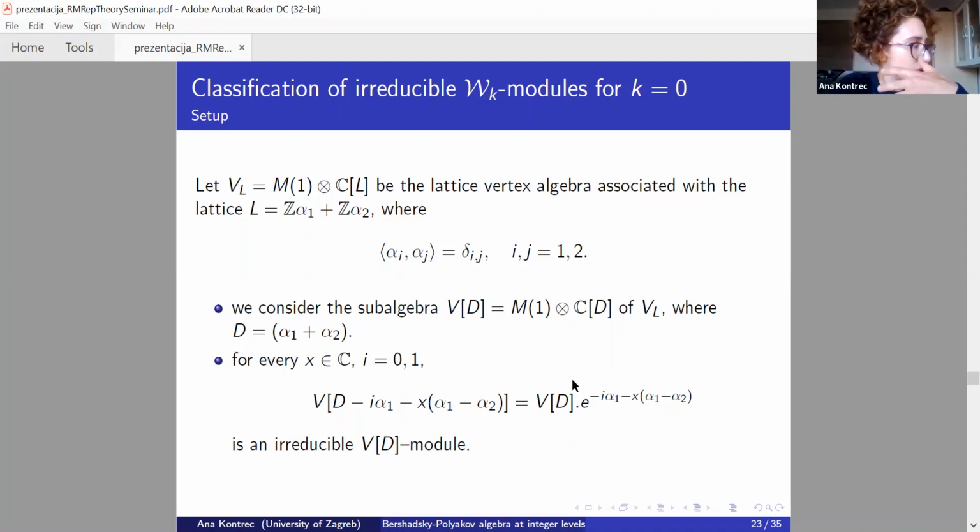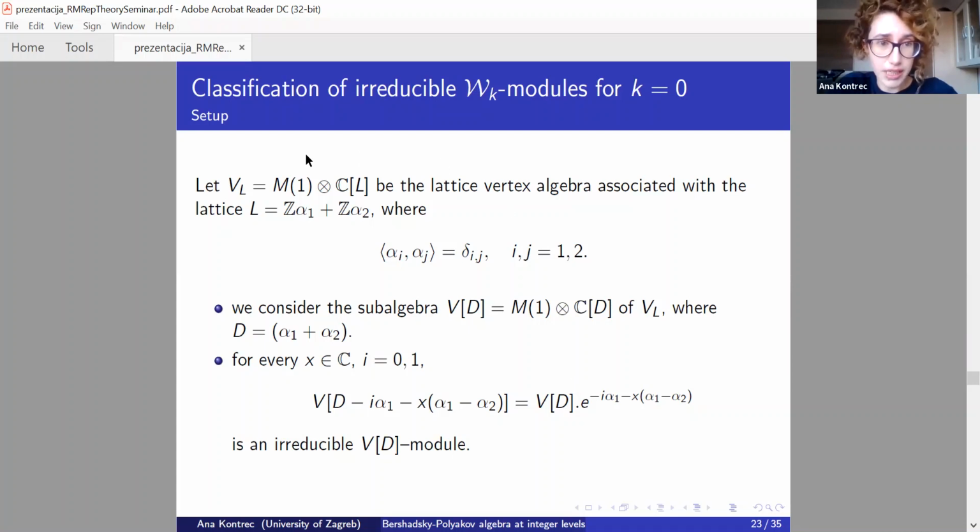Here we do a sort of bosonization of a known result, where W0 was embedded in the tensor product of Clifford and symplectic fermions, and we use this result to get a realization as a certain subalgebra of a lattice VOA.